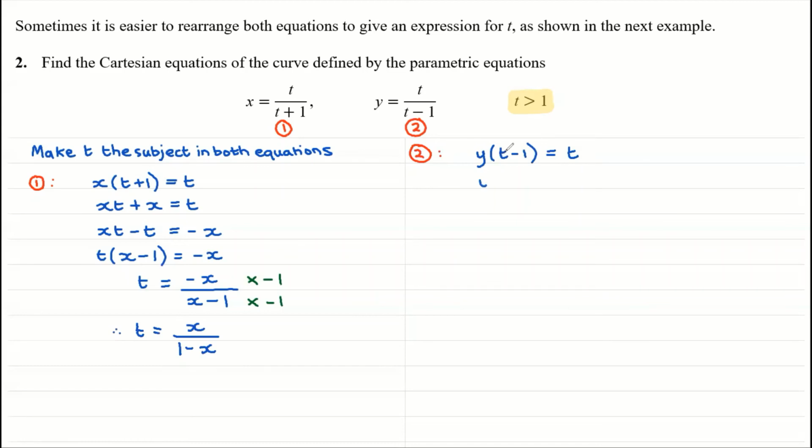Multiply it out. So yt subtract y is equal to t. Okay, let's get the t variables onto the left-hand side. So I'm going to subtract t from both sides and add y. Okay, now we can factorize the t.